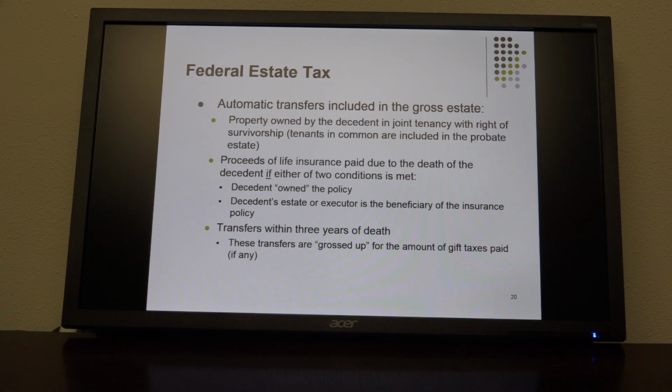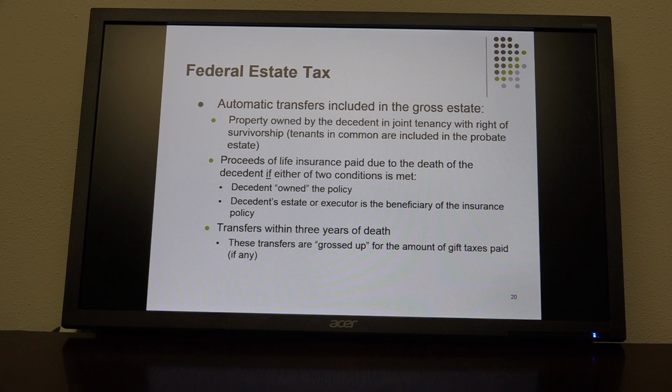If you transfer property within 3 years of death, I guess Congress thinks that you're transferring this property in anticipation of your death, so it really has nothing to do with whether or not you are anticipating your death. I mean, you could not be anticipating your death and just die all of a sudden, even though you're in good health. You know, things happen. But they don't look at that.